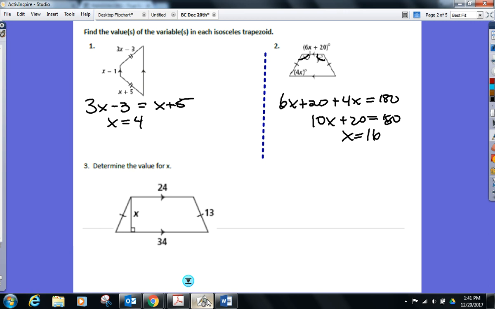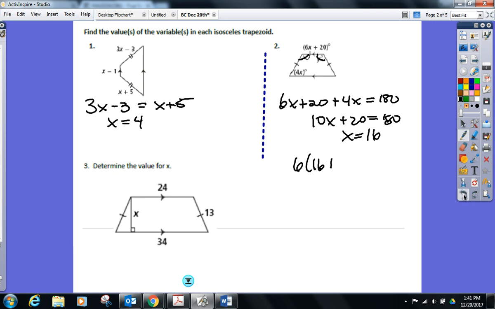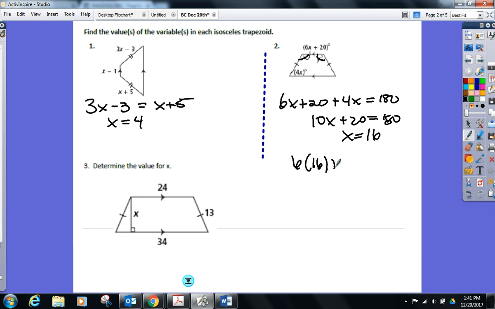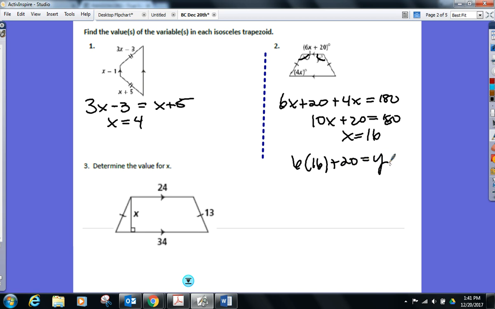There's multiple ways, Zach, so I'm listening. Well, actually, I just realized that you should probably do 6x. So 6 times 16. Why that one, Zach? Because they're base angles, and that means they're equal. Good. So 6 times 16 plus 20 is going to be equal to y because base angles are congruent in an isosceles trapezoid. And Zach, when you're ready, what'd you get for y?